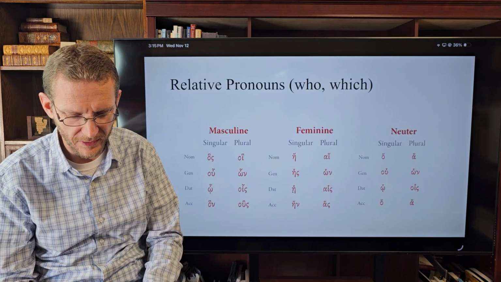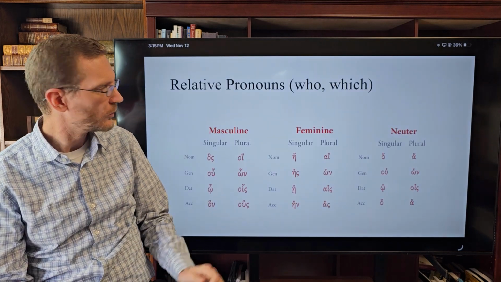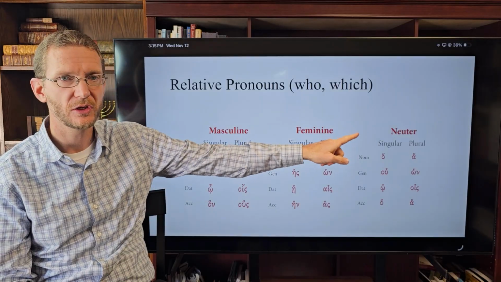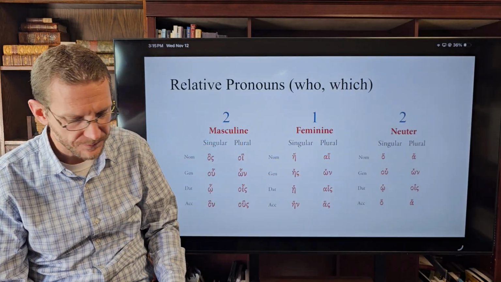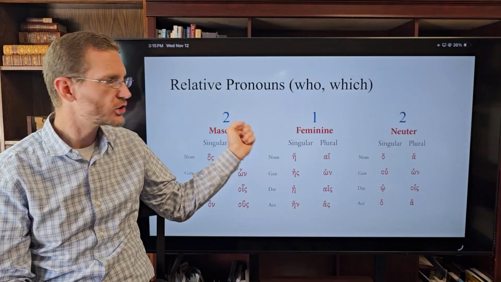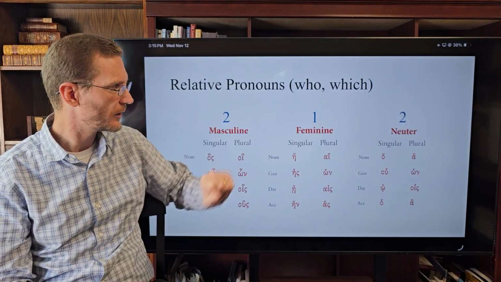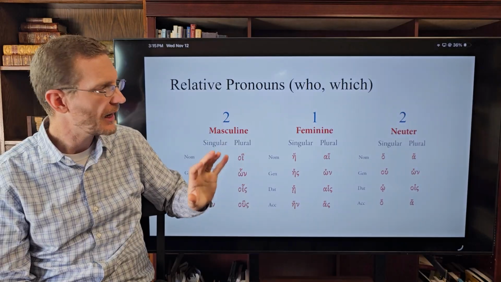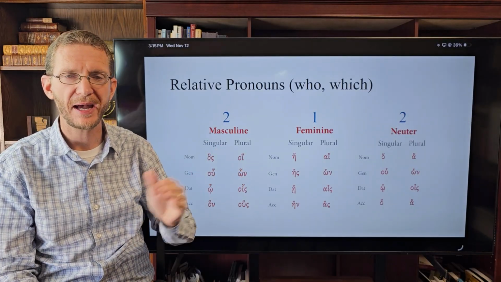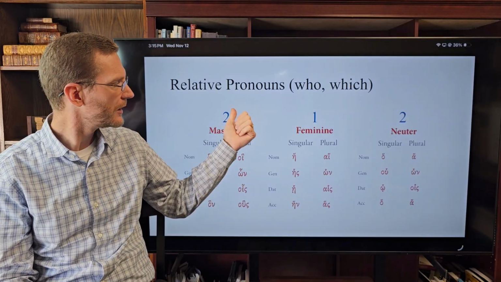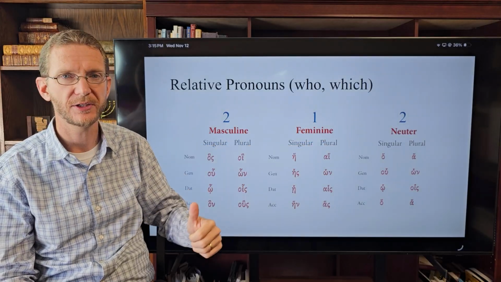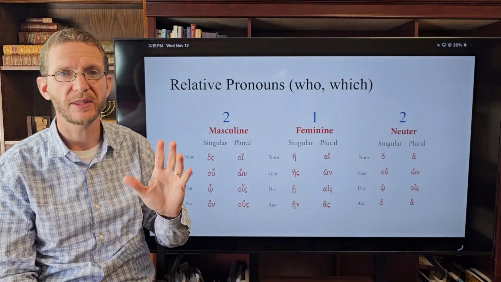So if we come back out, you find a pattern here for masculine, feminine, and neuter. This would be labeled as a 2-1-2 pattern. And this is where I'm introducing this to you all. From now on, we're going to see declension patterns for masculine, feminine, and neuter, like we see here with the relative pronoun. In the coming time, we'll see it with adjectives.